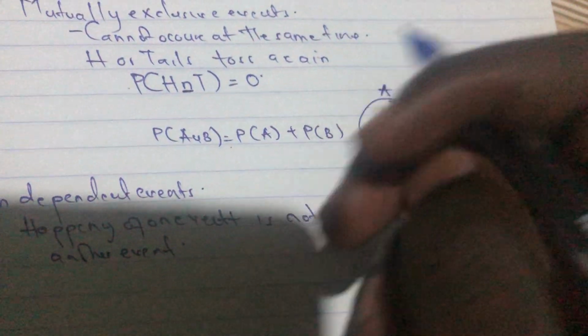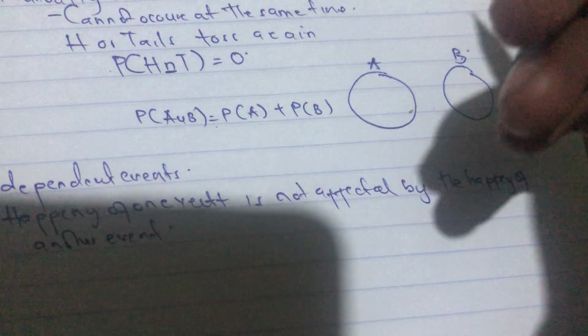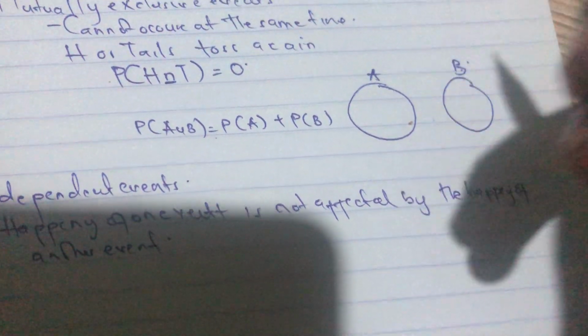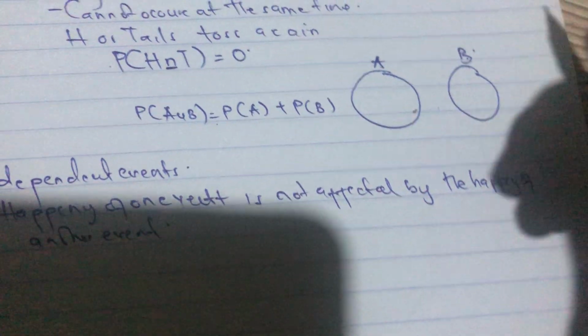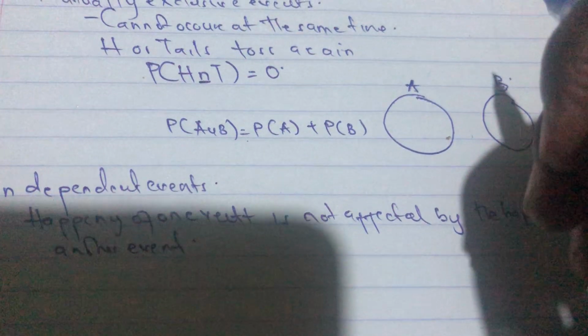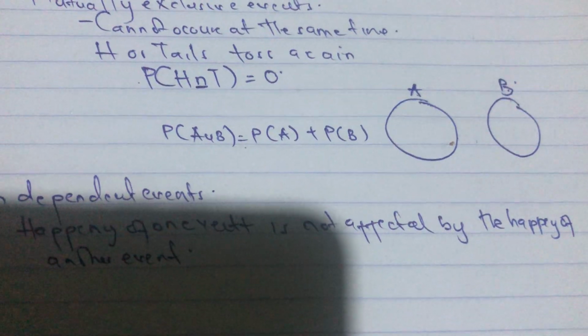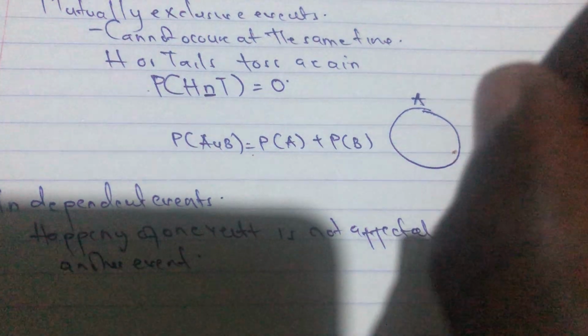Are we together? For example, if I toss a coin the first time and I get a heads, and the next time I toss, I get a tails. Me getting a head in the previous one does not affect me getting a head in the next one.